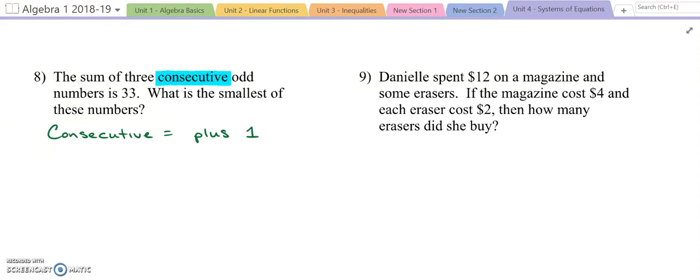So for this situation, since I don't know what to start with, I should start off with an X. So the next consecutive number after that would be X plus 1. And the next consecutive number after that would be X plus 2. And we're saying that at the end of it, it has to equal 33.